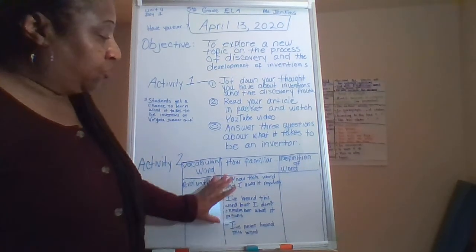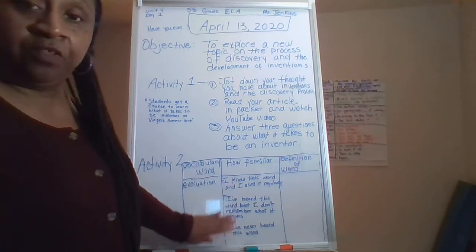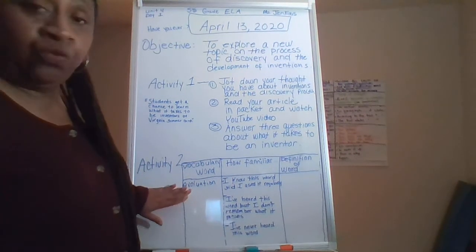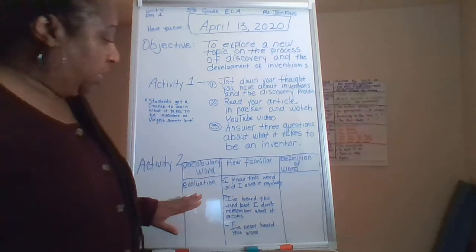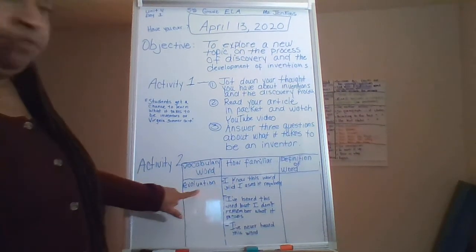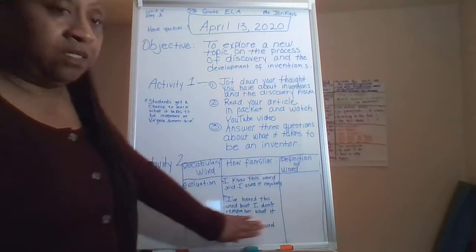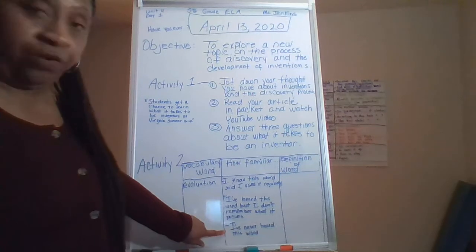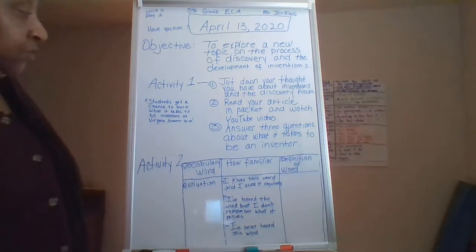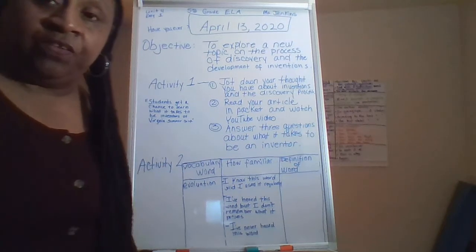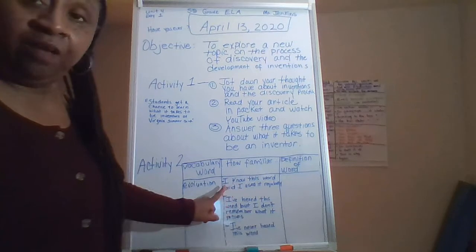So you can choose one of these options that pertain to the vocabulary word. So if you have never heard this word before, you're going to highlight option 3. If you know this word and you've used it many times before, you're going to highlight option 1.